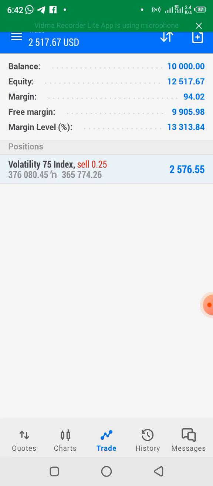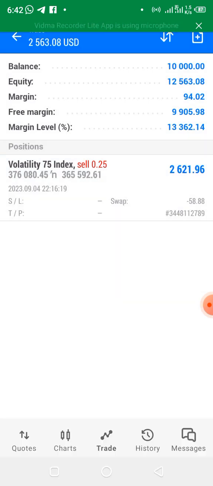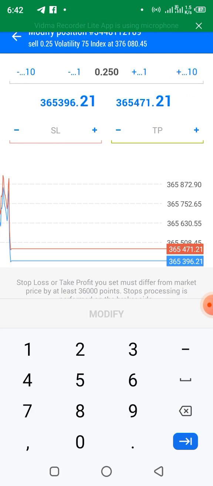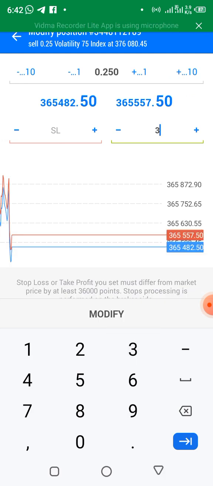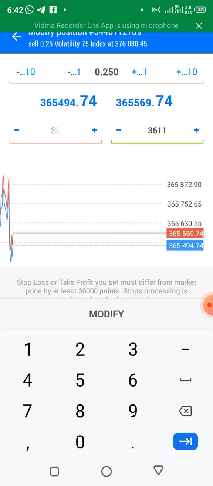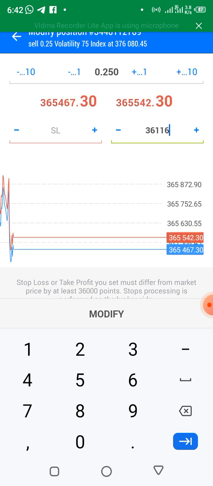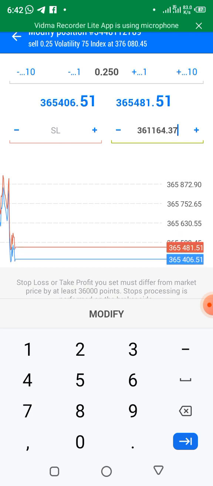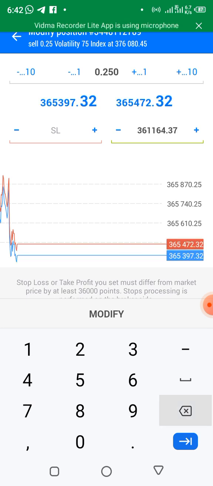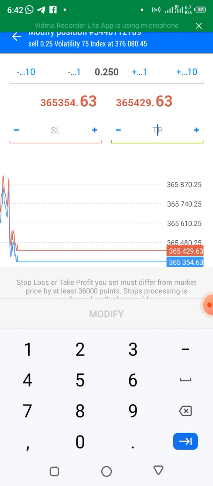So we'll click and hold, we'll click on modify, then we go to take profit. So that's 361164.37. You can see modify here, right? Let me remove this price. When I remove it, you can see that it's faded, right?